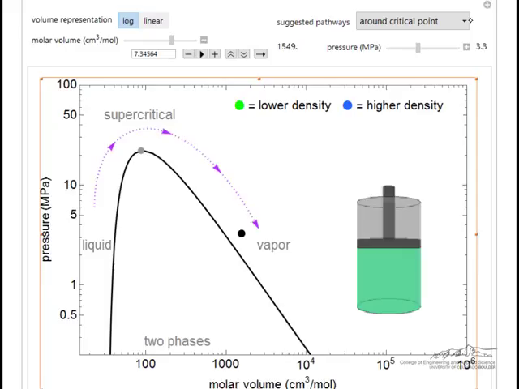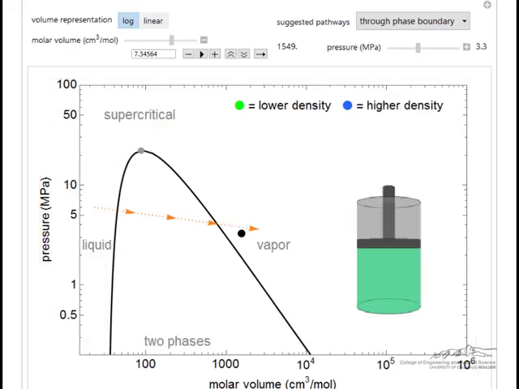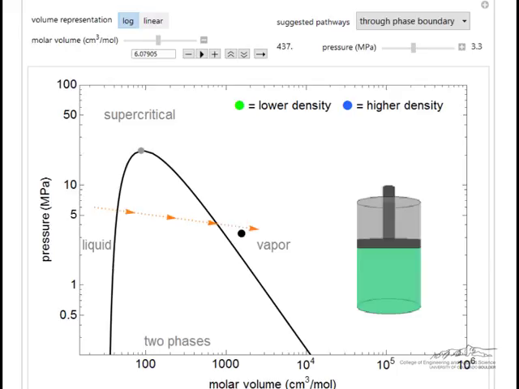On the other hand, if I select just to follow the pathway, here's a pathway where I can go from vapor to liquid, and I'll do this by first decreasing volume. Now I'm in a two-phase region.